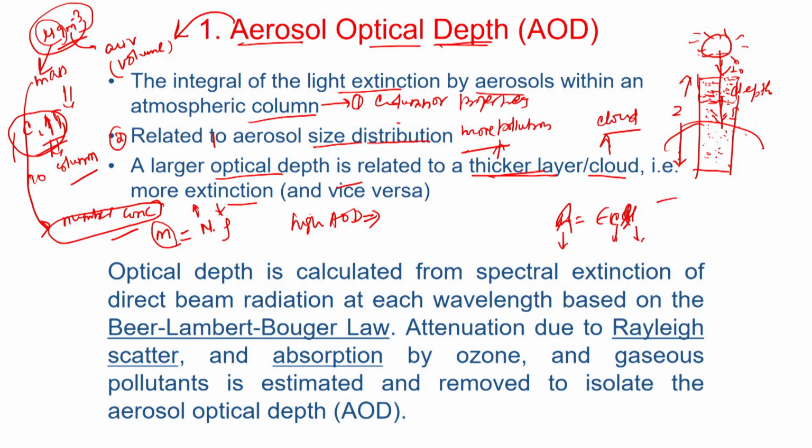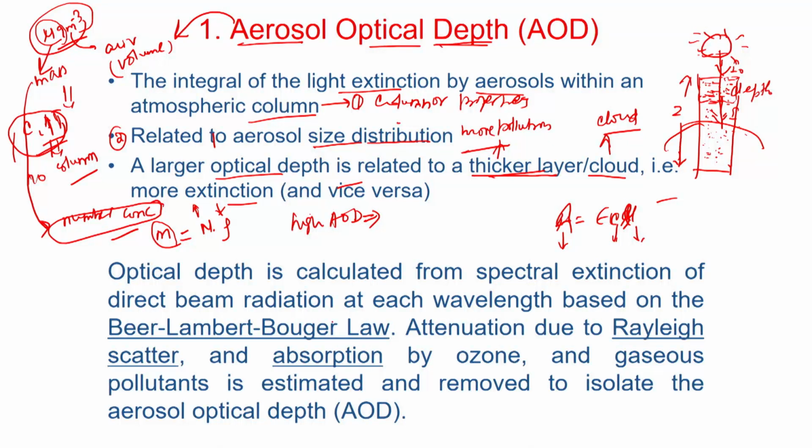So thicker, larger AOD means more pollution or a more polluted atmosphere. If you compare two atmospheres, one with low AOD and one with high AOD, you will be talking in terms of pollution, or also in terms of whether it is a cloudy atmosphere or not.